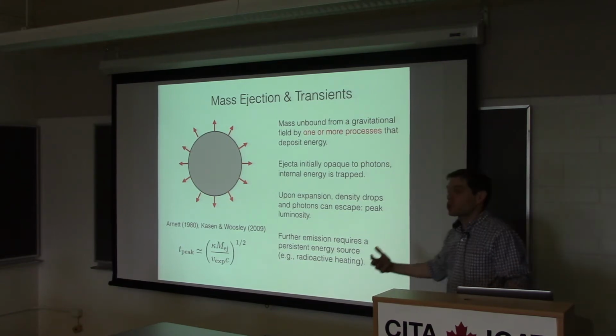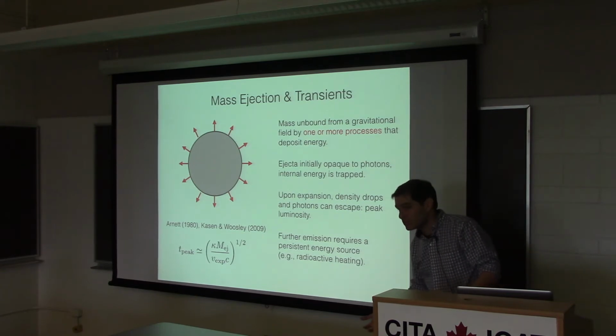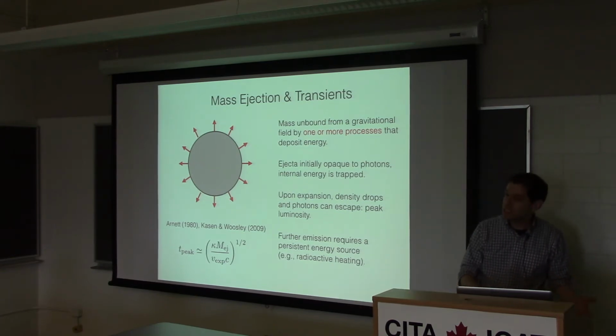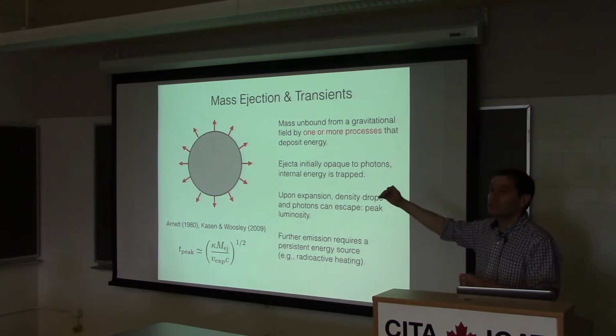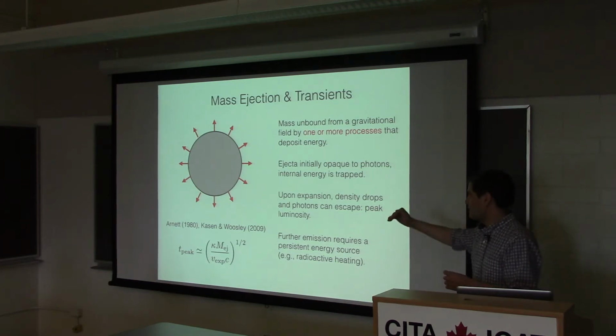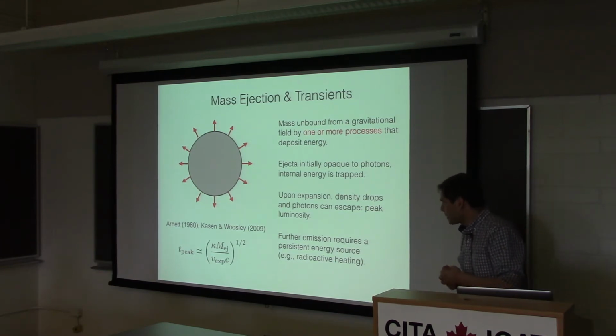But if there are further sources of energy, such as radioactive decay from nickel-56 in the case of type Ia supernovae, or r-process radioactive decay, then this transient can continue in time and will have a slightly different time dependence.